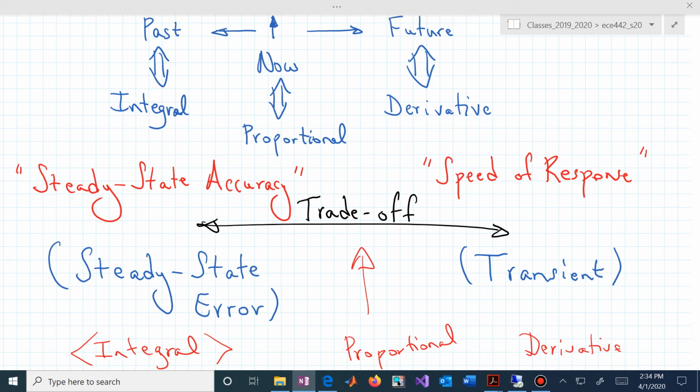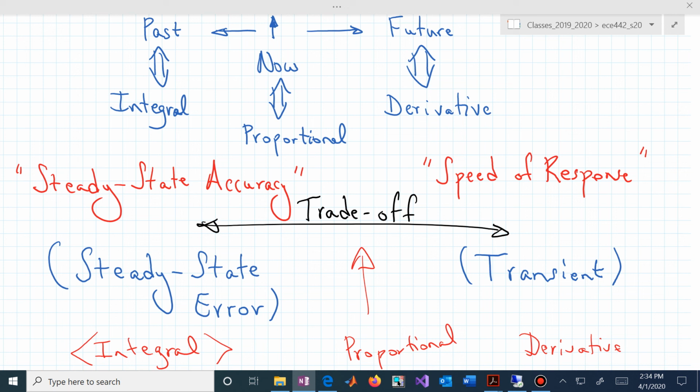steady state accuracy. We can really reduce the error, but we're going to have to allow a larger overshoot in our transient behavior. Or somebody might say, no, I cannot tolerate any more overshoot, but I can accept a larger steady state error. Maybe the output can be within a centimeter of the reference input, depending on what you're controlling.